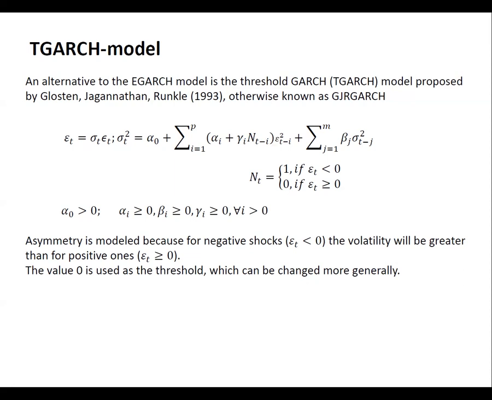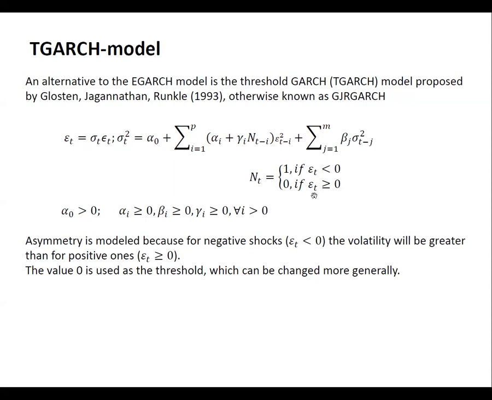In fact, if in EGARCH we have the influence of the coefficient gamma with plus and minus, depending on whether it is greater than 0 or less than 0, then here we simply have a coefficient gamma that enhances the influence on negative values and does not affect positive ones in any way. Due to this, a slightly different mathematical description occurs.